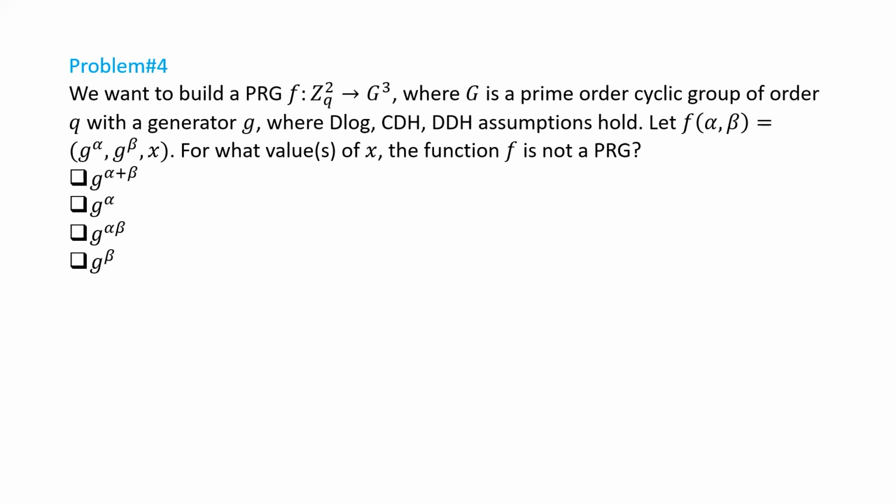And because the DDH assumption holds, g to the power alpha beta will look indistinguishable from a uniform random string.